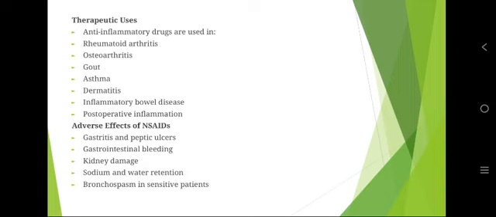And then we move on to the adverse effects of non-steroidal anti-inflammatory drugs. These drugs cause various gastrointestinal effects such as gastrointestinal bleeding, peptic ulcer, etc. These are caused due to loss of protective prostaglandin, and then they cause renal effects such as kidney damage, sodium retention, etc. And these drugs cause respiratory effects such as bronchospasm.